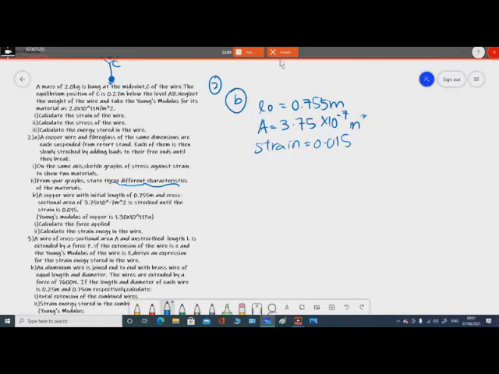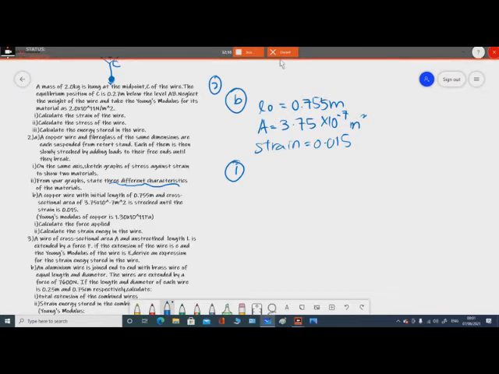The Young modulus of copper given here is 1.30 times 10 to the power of 11 pascal. So calculate the force applied.